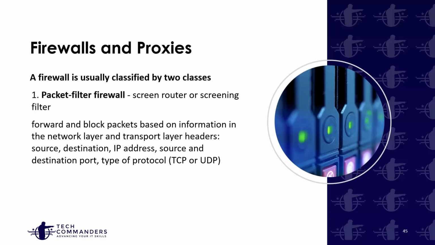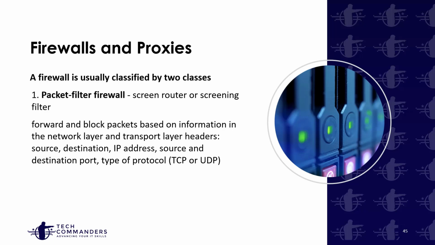So when it comes to firewalls, there's really 2 classes of firewalls. We have the packet filter firewall, and we have a proxy-based firewall as well. So first, a packet filter firewall is usually a type of screen router or a filter. The goal is that it'll forward and block packets based on information in the network layer, such as layer 4, and also it'll look at the transport layer as well, I should say.